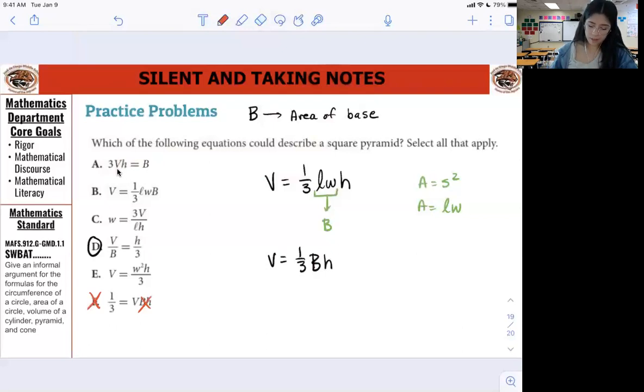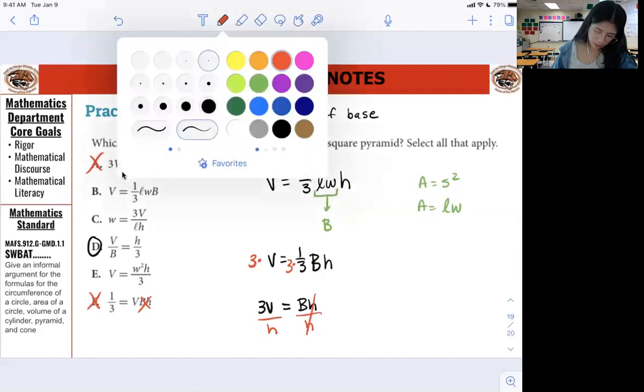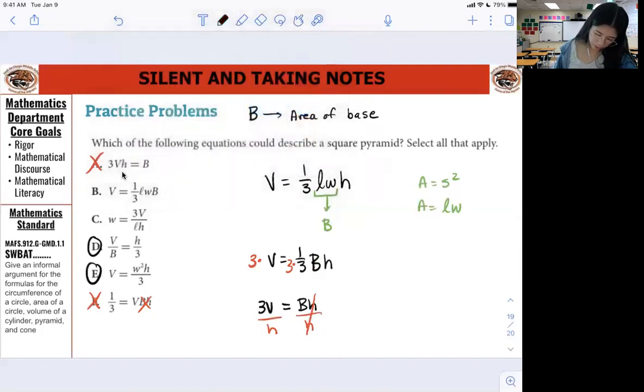Good, Janelle. If you're trying to isolate B, you would multiply times 3. So I have 3V equals BH. But then to get rid of H, what would you do to it? Oh, I think the bell's about to ring. You would have to divide by H, not multiply by H. So A is also out. I think the only other answers that are correct are E and C.